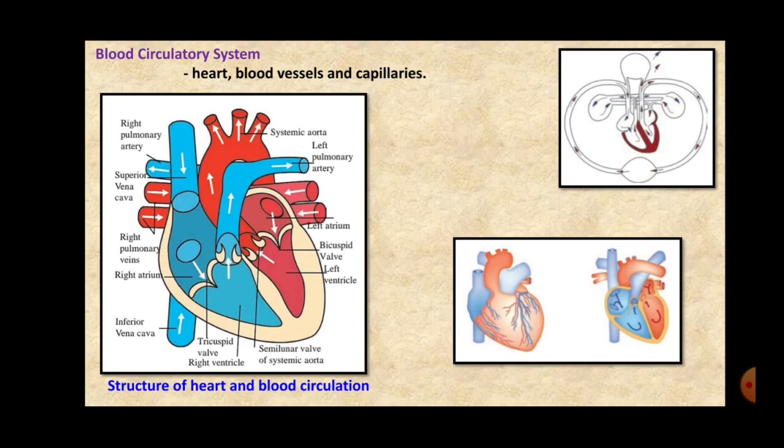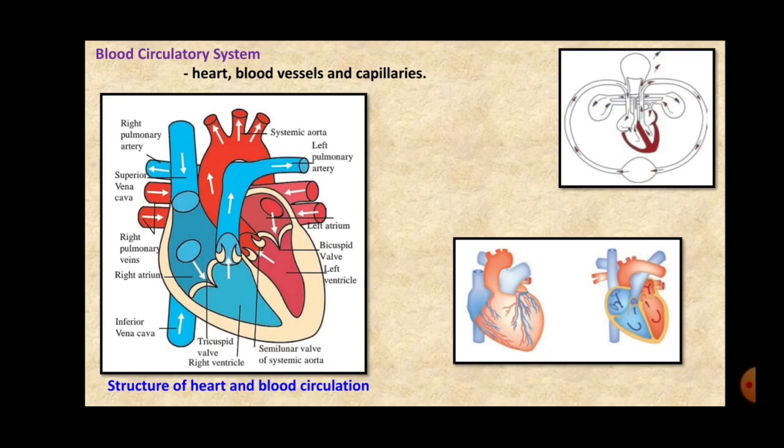Now, if you see, the heart is divided into left and right compartments. There is a vertical partition and there is a horizontal partition also. The left side is also divided into two and the right is also divided into two. So, there are a total of 4 chambers in our heart.